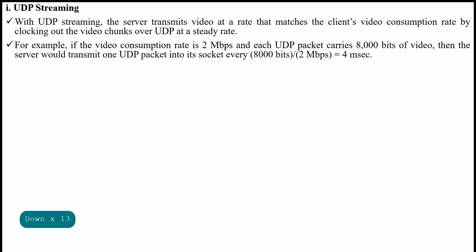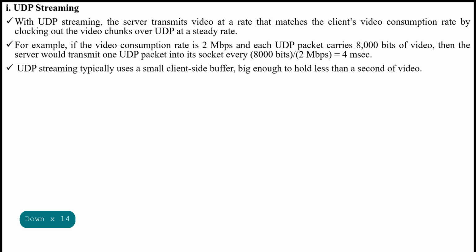For example, if the video consumption rate is 2 Mbps and each UDP packet carries 8000 bits of video, then the server would transmit one UDP packet into its socket every 4 milliseconds. That is, 8000 bits divided by 2 Mbps equals 4 milliseconds.